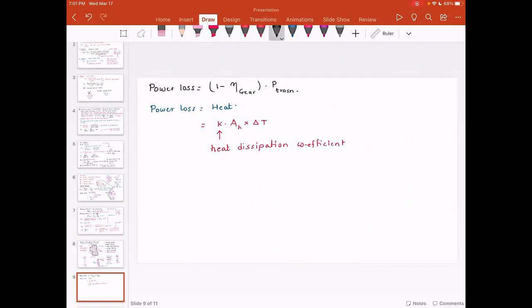And many a times, if you are using free convection, use HF. And if you are using forced convection, use HF prime. So what do we mean by free convection and forced convection?